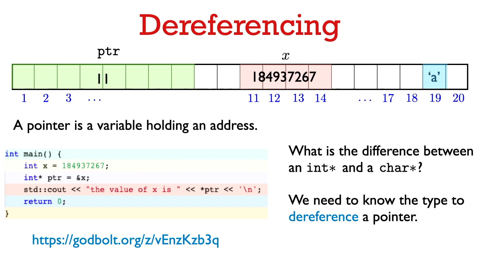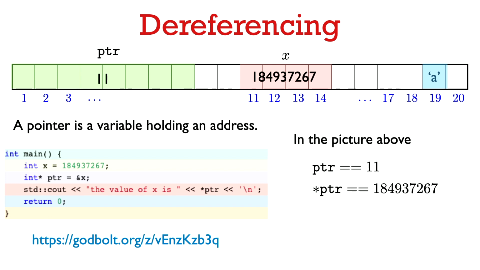Because the pointer holds the address of x, and when we say star pointer, we go to the address where x is, and we get the value written there, and then we cout that value. So in our picture here, the value of pointer is 11. That's the address of x. And the value of star pointer, the dereferenced pointer, is the value of x.